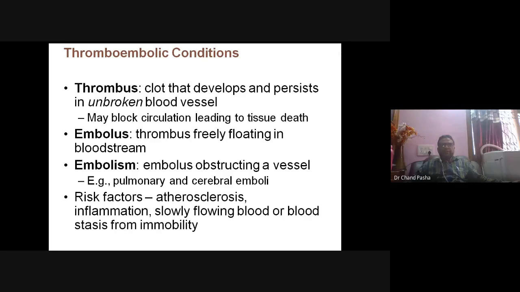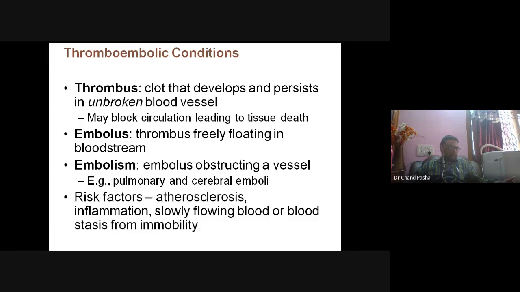Risk factors include atherosclerosis and inflammation, slow flowing blood, or blood stasis from immobility. These factors play a very dangerous role along with clotting issues. In atherosclerosis, there is actually a foreign antigen.